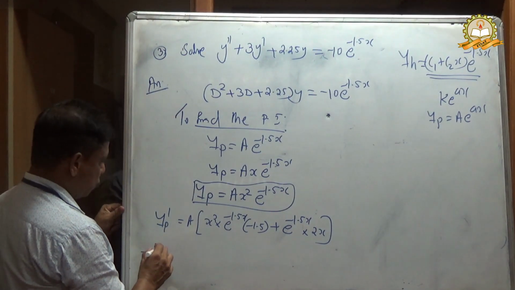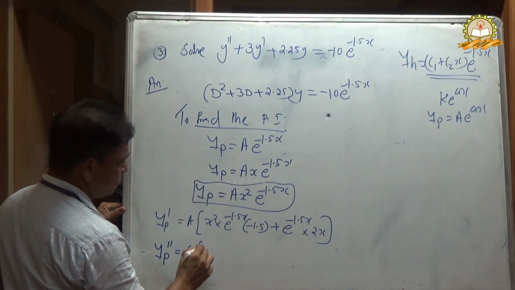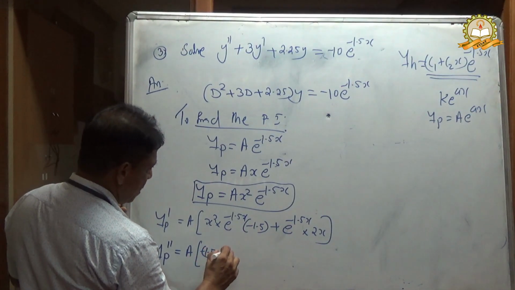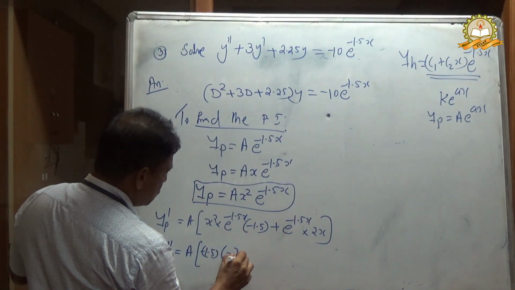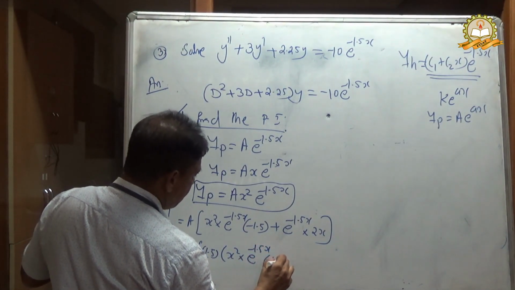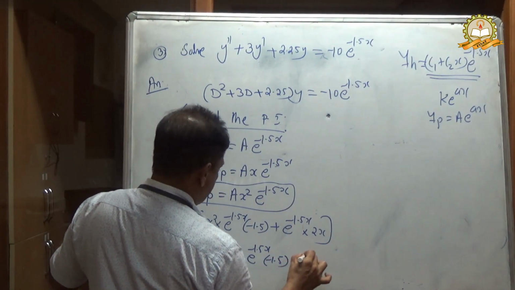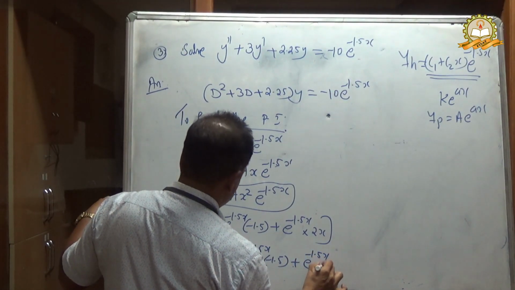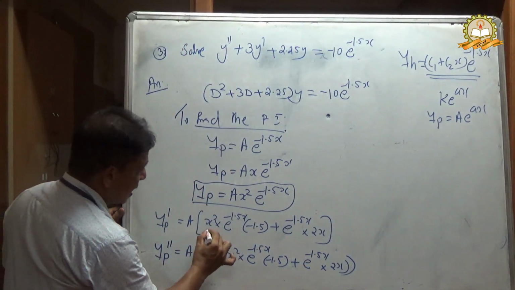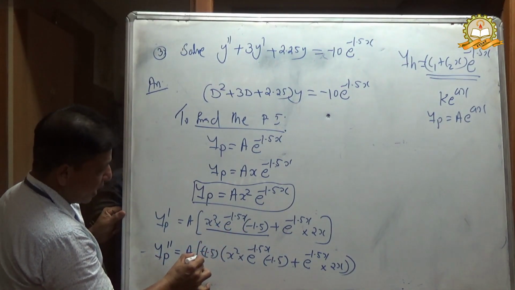Then we take the second derivative, yp double dash: a into minus 1.5 into x square into e raised to minus 1.5x into minus 1.5 plus e raised to minus 1.5x into 2x. In this case, we apply the product rule, so minus 1.5 is taken outside.